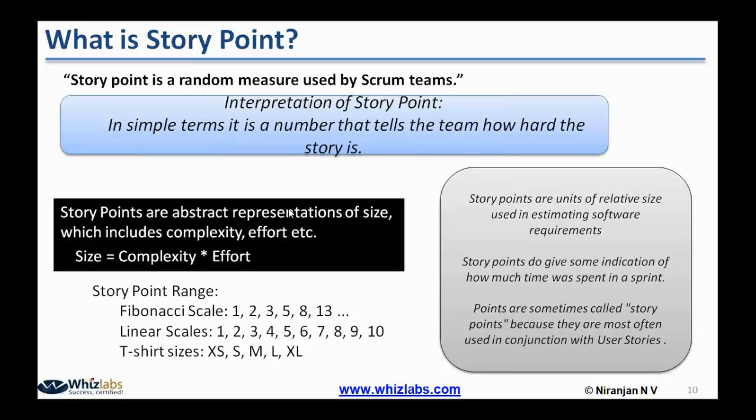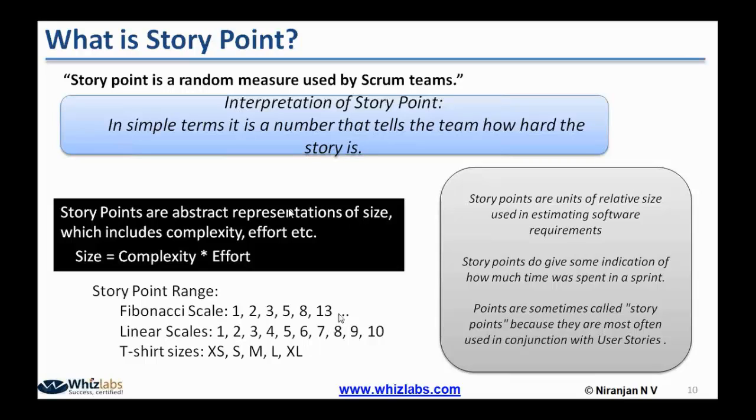Again, if the user story is between 5 and 8, you don't have to really know whether it is 6 story points or 7 story points. So 6 and 7 are missing here. So either we can rate it as 5 or 8. Like that, as you keep increasing the numbers, more and more numbers keep missing.